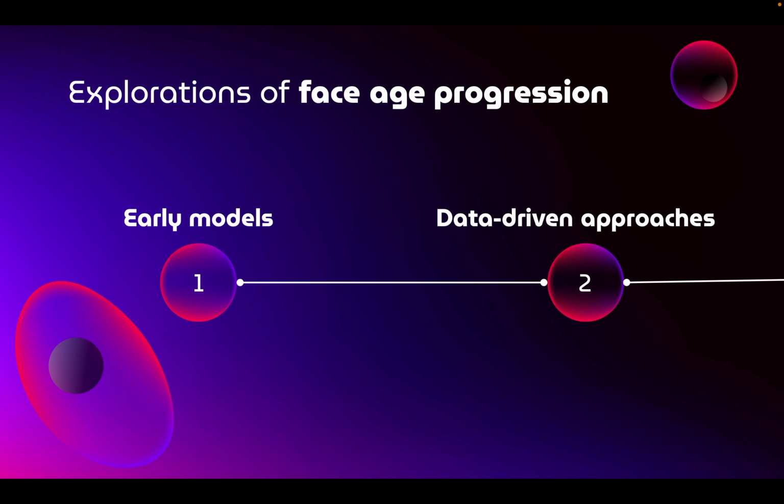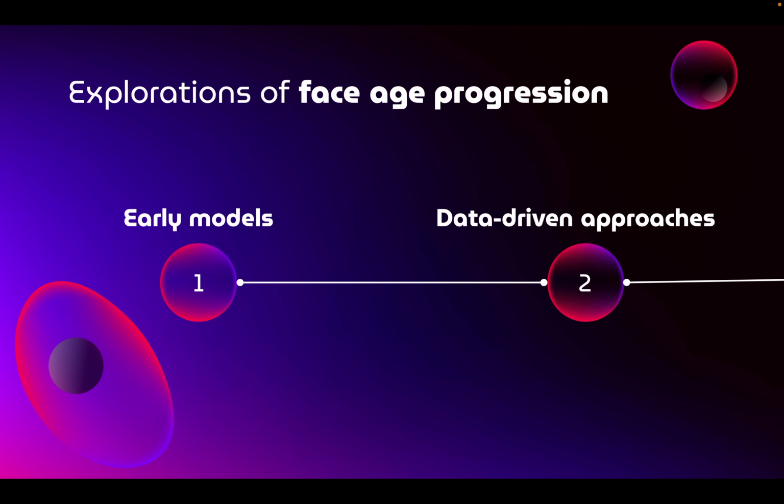Number one talks about early models, and the whole idea is that initial approaches used physical models to simulate aging mechanisms, including cranium and facial muscles, and different methods like cardioidal strain transformation for head growth or a 3D layered dynamic skin model based on the skin's anatomical structure were proposed at that stage.